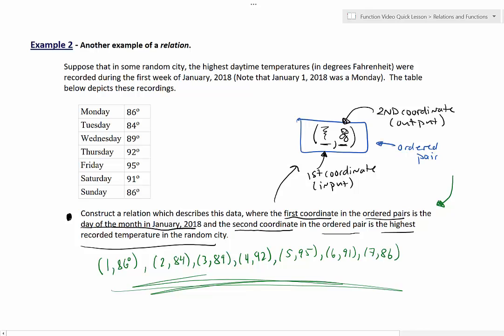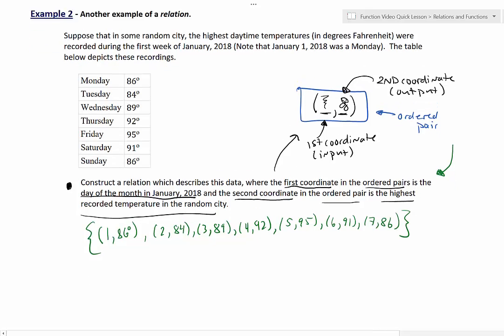That represents the day of the month, more specifically in the first week of January 2018. Now we're just going to throw them in the box. The collection, the whole collection of those ordered pairs.